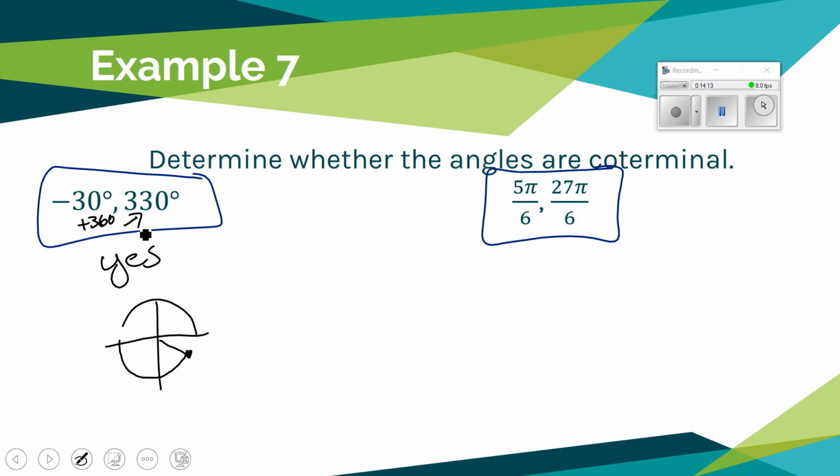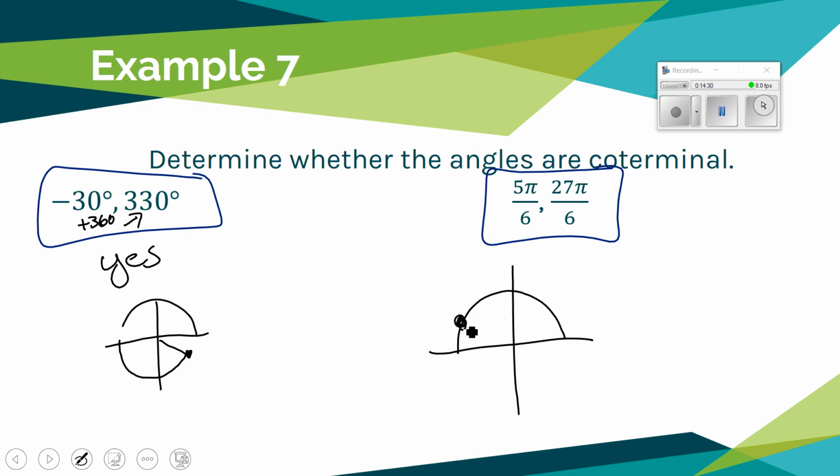Okay, so let's talk about 5 pi over 6. Which quadrant is 5 pi over 6 going to be in? In the second. Very good, because if I go halfway around, I'm going to be at 6 pi over 6. So 5 pi over 6 is going to be somewhere here.